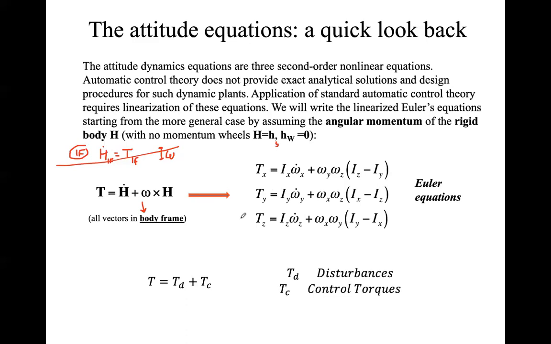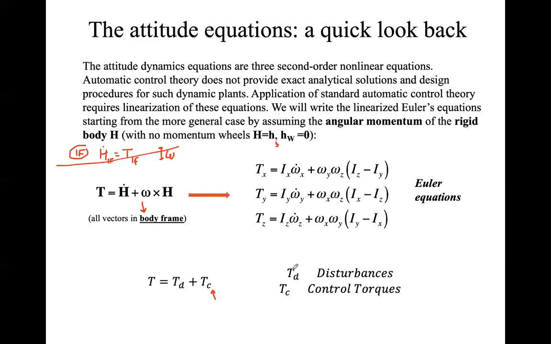The main point that we have to emphasize here is that the torque that changes the angular momentum of the spacecraft over time depends on the control torques, which for the first part we are assuming to be zero, and on the disturbances.